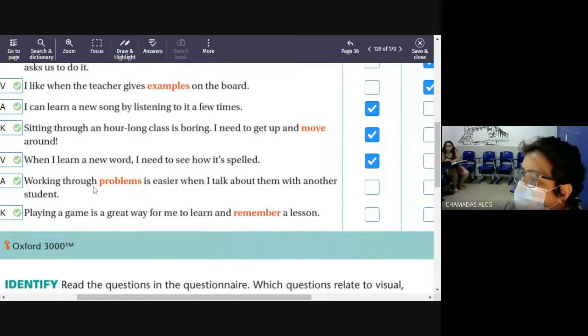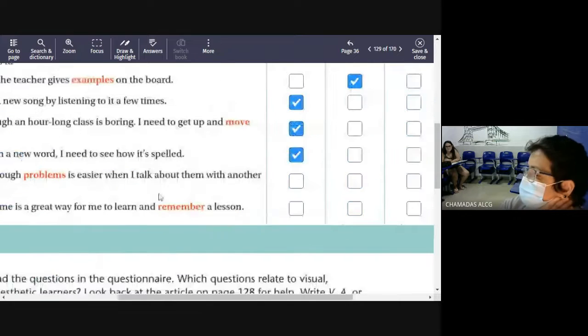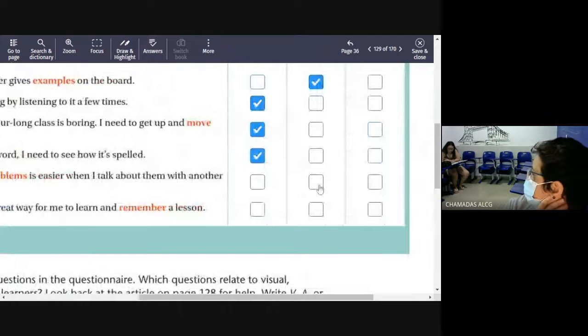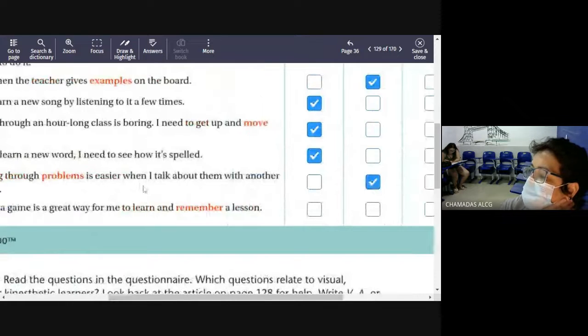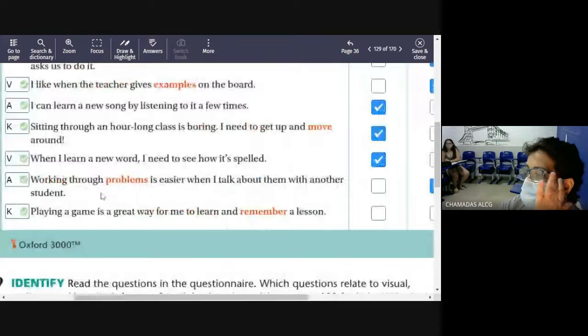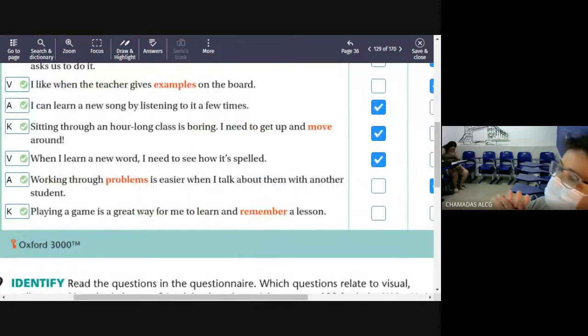Working through problems is easier when I talk about them with another student. Sometimes. This is mostly in mathematics, physics, right? Because then you have to work through problems. Playing a game is a great way for me to learn and remember a lesson.